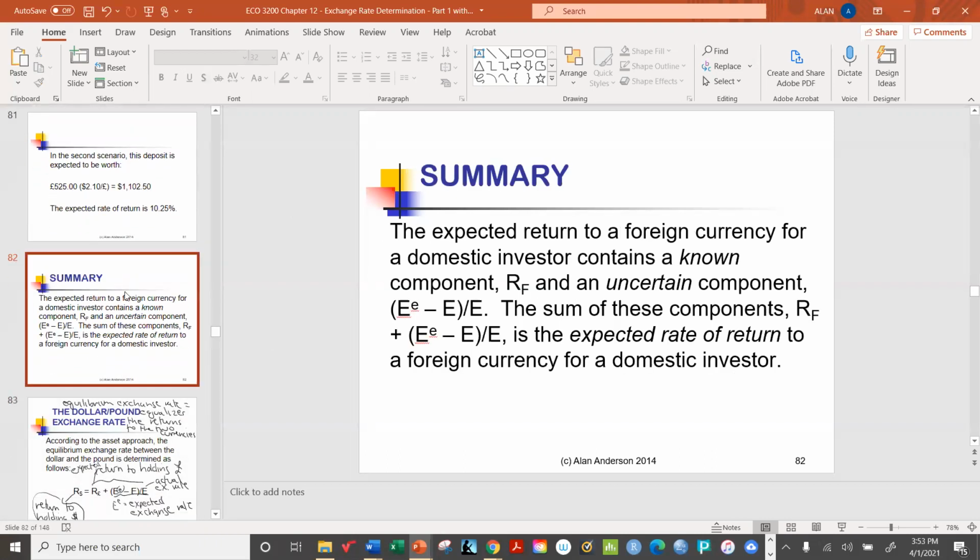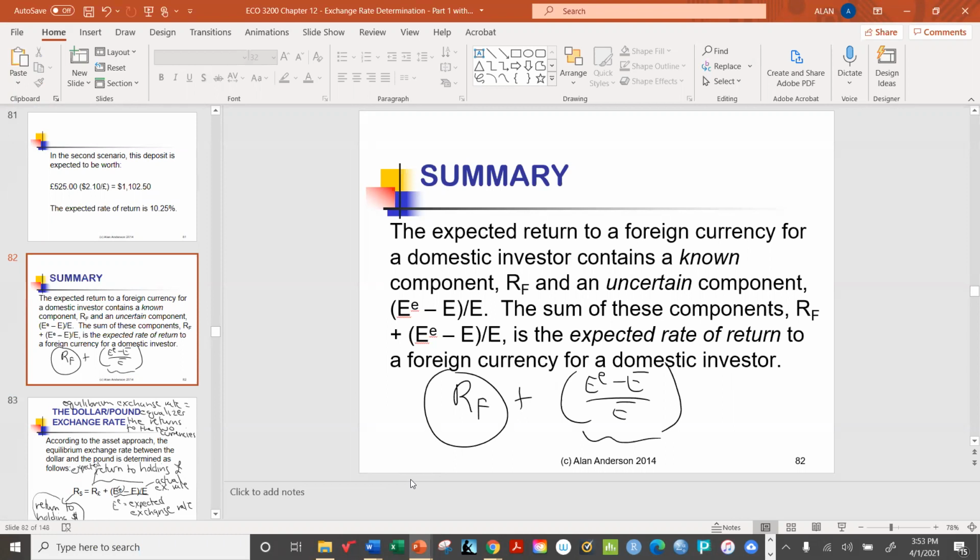And so when you look at the returns to holding that foreign currency, you're getting two things going on here. You've got the return to the foreign currency itself, the interest rate, and this piece, which is going to bring you either more or less return depending on which direction it goes. So when you buy that foreign currency, you don't know for a fact what the actual return will be.